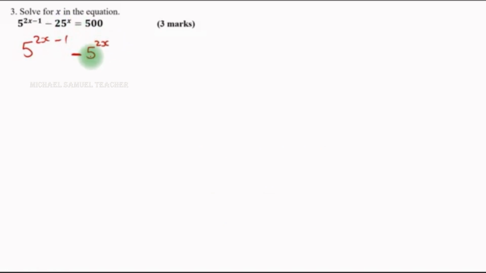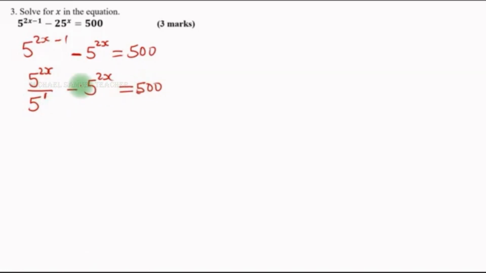So 5 raised to 2x will be equal to 500. Considering the laws of indices, this will be the same as 5 raised to 2x over 5 raised to 1, minus 5 raised to 2x is equal to 500.